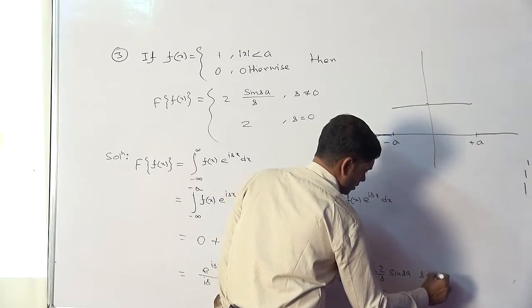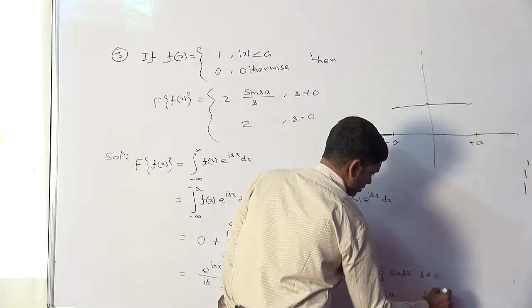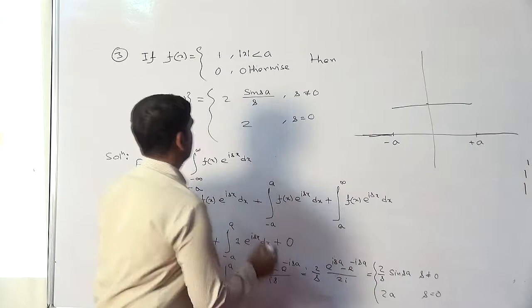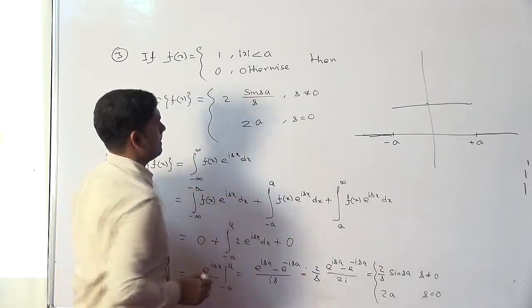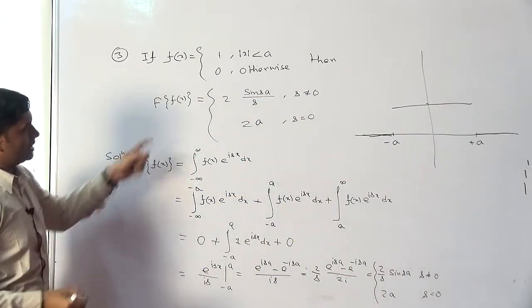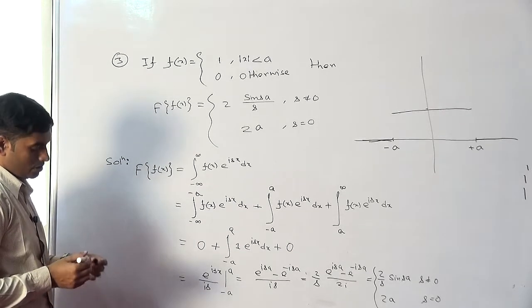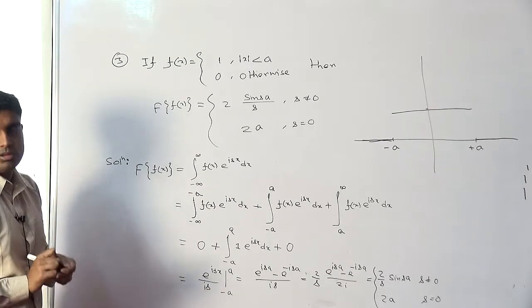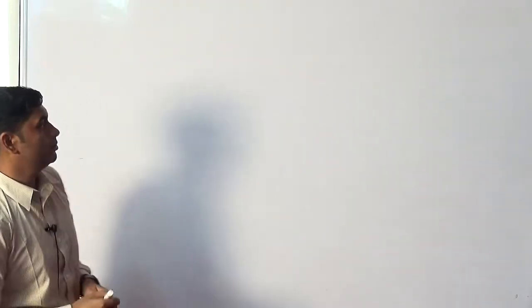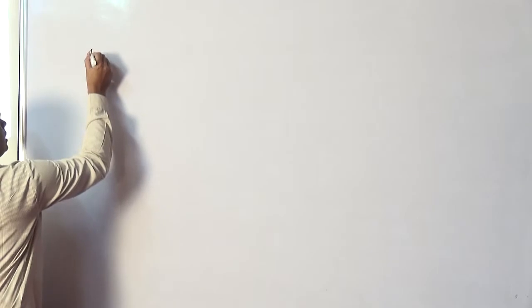So this is not equal to 0. So this is twice of a. So this is the Fourier transform F of f(x) is 2 sin(sa)/s when s is not equal to 0 and equal to 2a when s equals 0.